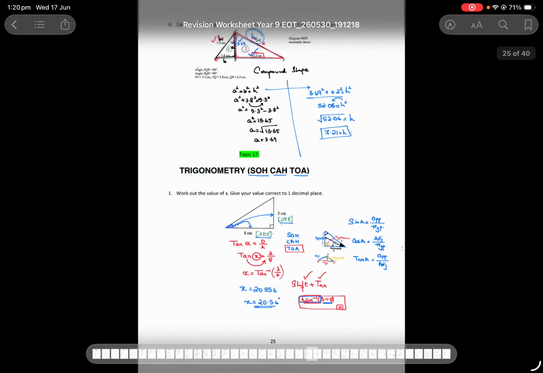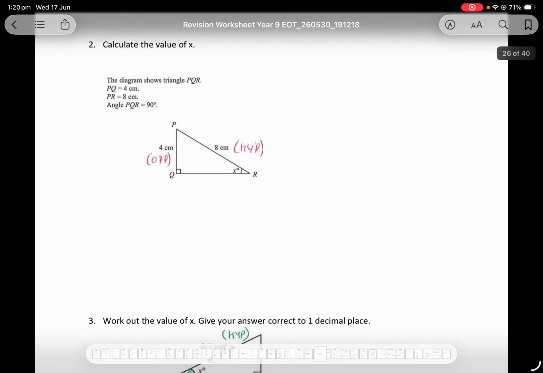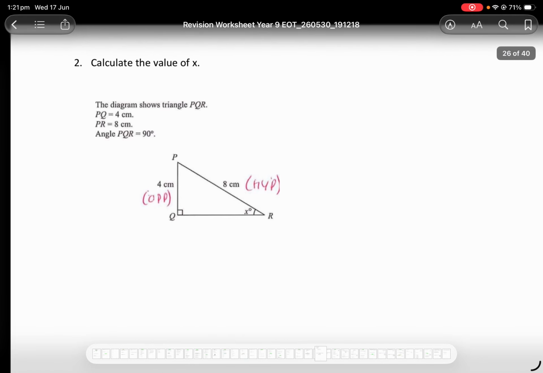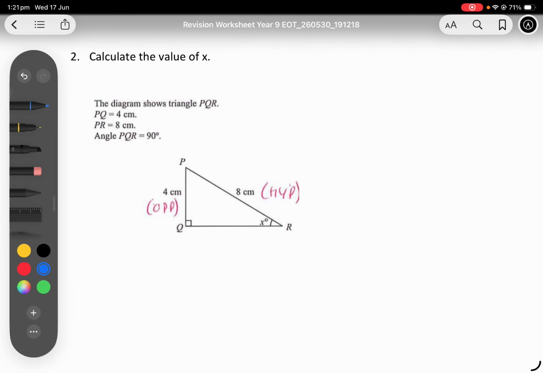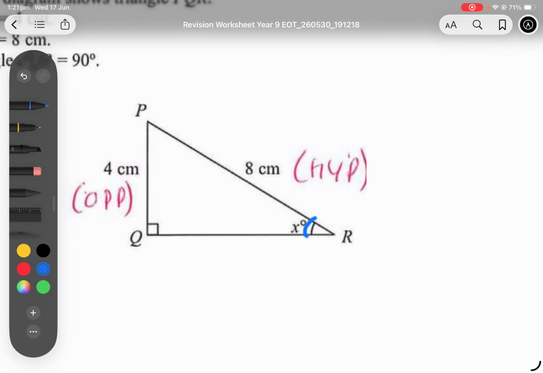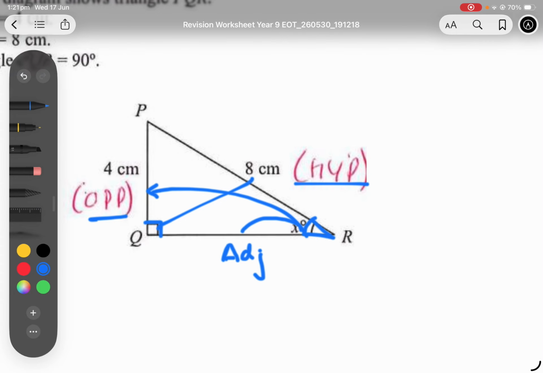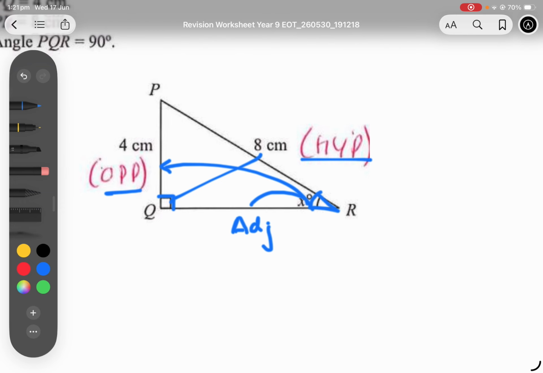Okay, now moving to the next question, it is saying find the value of x again. So x is nothing but the angle here. I can look at the figure and say, if this is the angle that I have, this side is called the opposite, this side is called the adjacent, and this side is in front of 90 degrees, so it is called the hypotenuse. Now what is given to me in the figure?